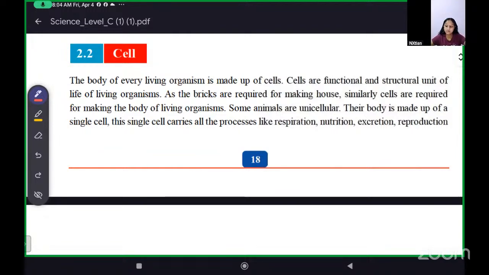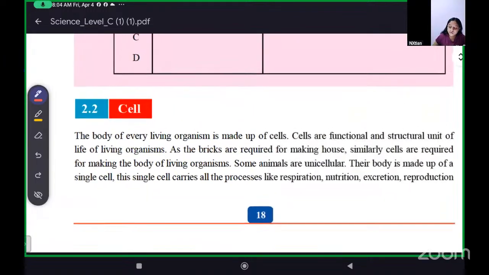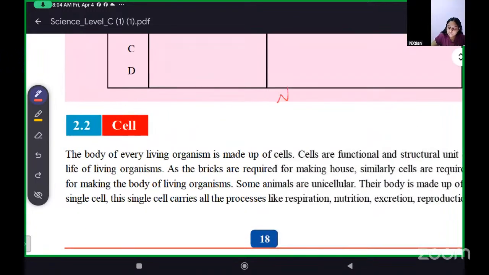Some animals are unicellular. Based on the number of cells, organisms are classified into two parts.